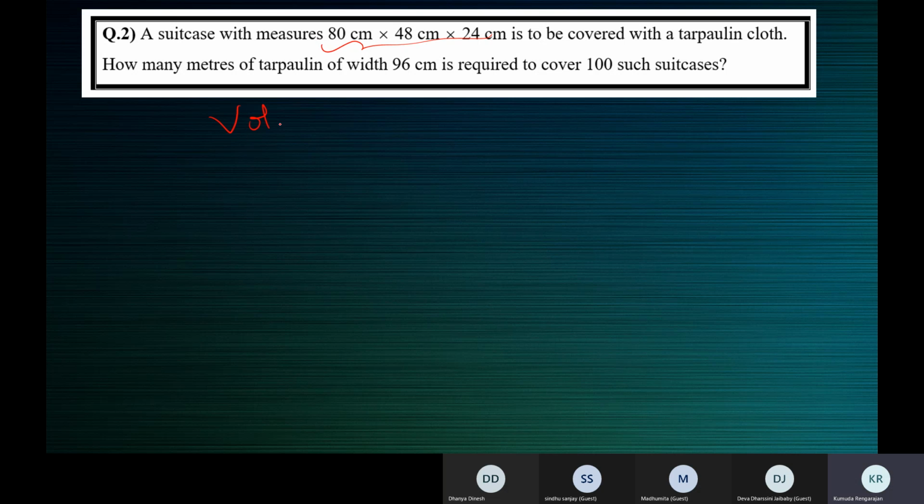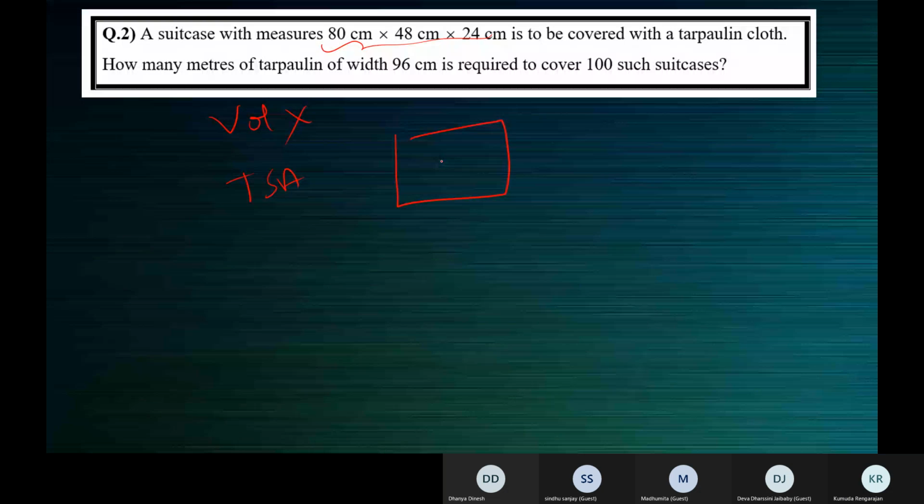You should not find volume because you're not doing anything inside the box. Volume is to do something within the box, inside the box. It's not volume. It's the total surface area. You have to cover the 6 surfaces of the cuboidal box, the suitcase.